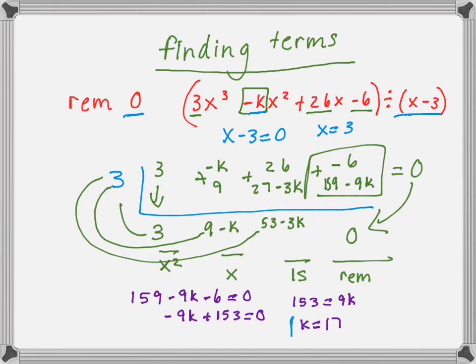So that gives us our constant k in the equation, and that means that this becomes 3x squared minus, because there still is a minus here, minus 17x squared plus 26x minus 6.